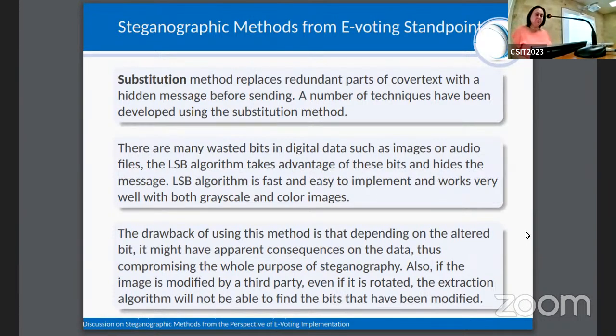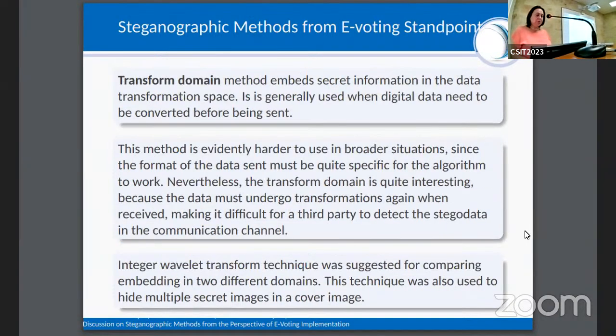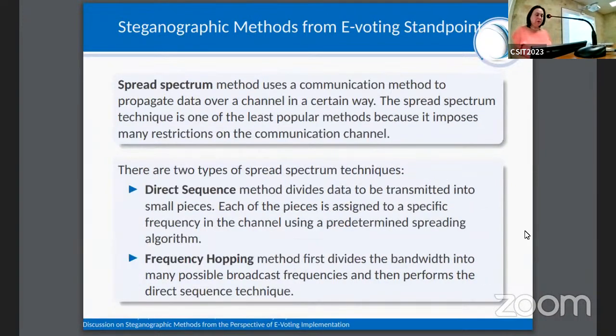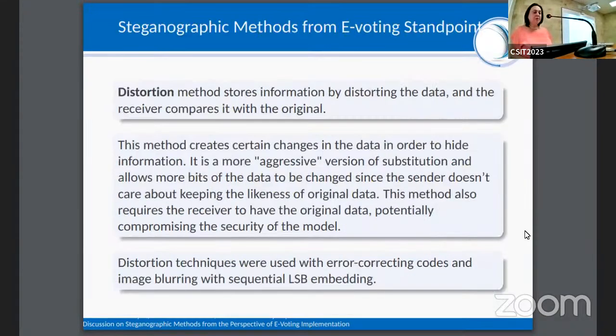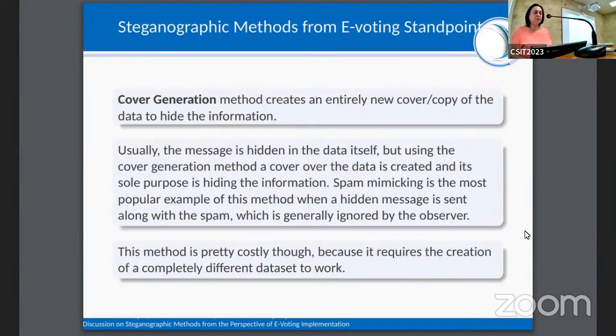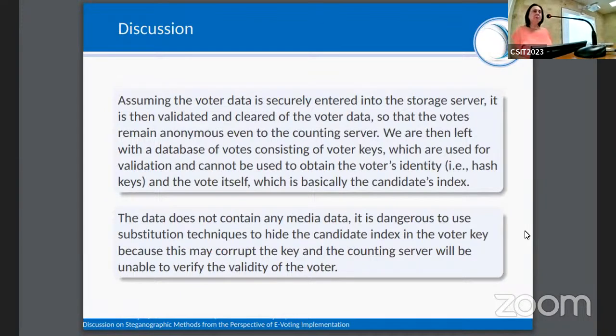It is in the paper in the proceedings. If it is interesting, you can find the description of these methods there. What is important is that we come to a discussion of which of these is useful for e-voting systems, and I will stop here a little bit more in detail.